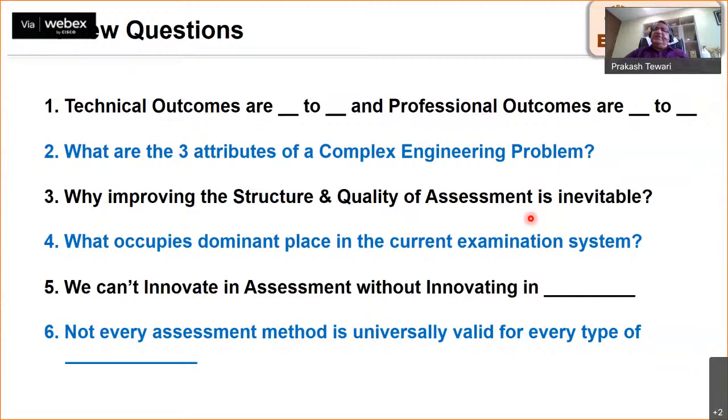The first attribute: it will not appear at the end of the textbook chapter. It should be open-ended. It should not be closed-ended. That is, it should be ill-defined. It should allow the solver to make some choices.